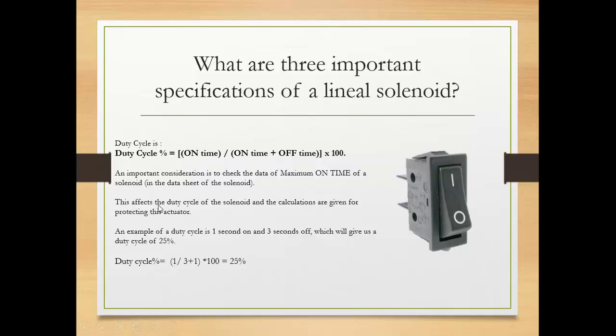Here we see that the duty cycle affects the protection of the actuator. An example of a duty cycle is 1 second on and 3 seconds off, which will give us a duty cycle of 20%. These are the calculations, and every solenoid has a different duty cycle, and you can manufacture it the way you will use it.